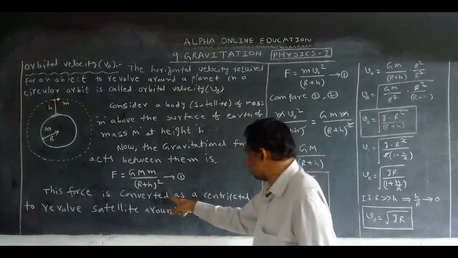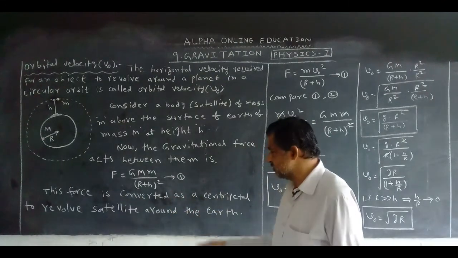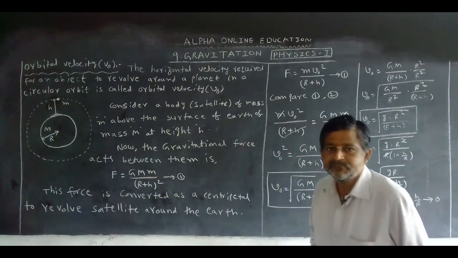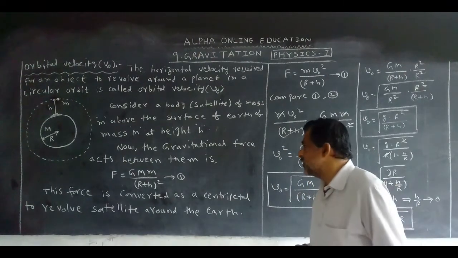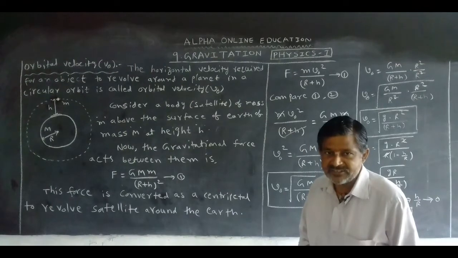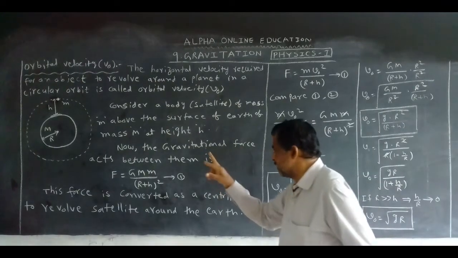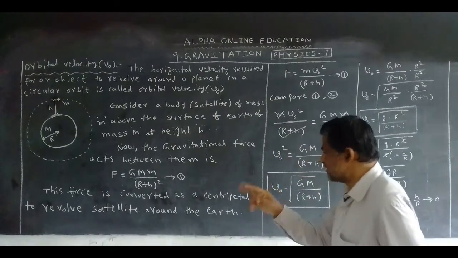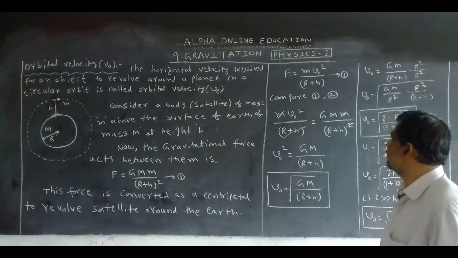This force is converted into a centripetal force to revolve the satellite around the earth. Due to the gravitational force, satellites revolve around the planet.